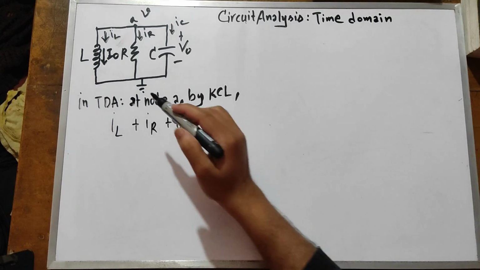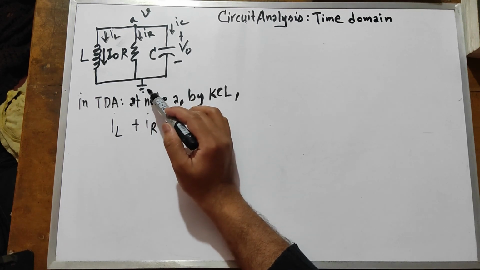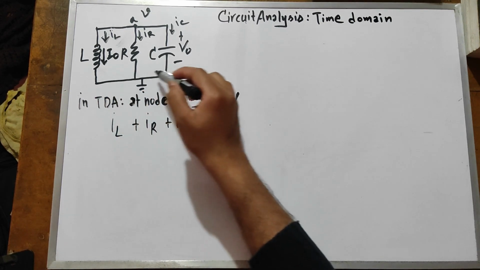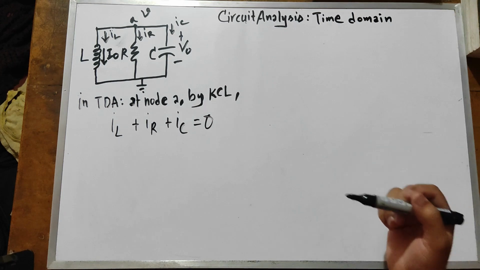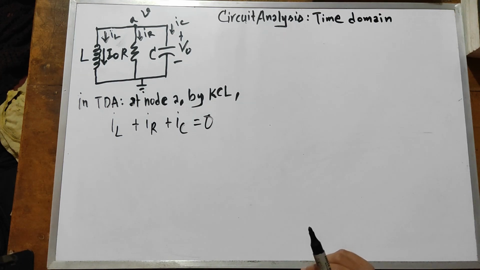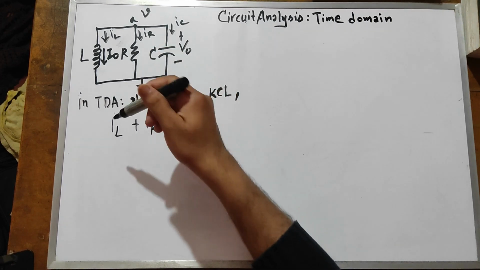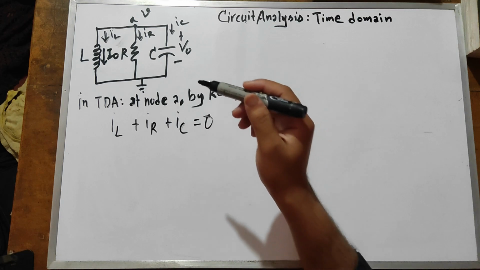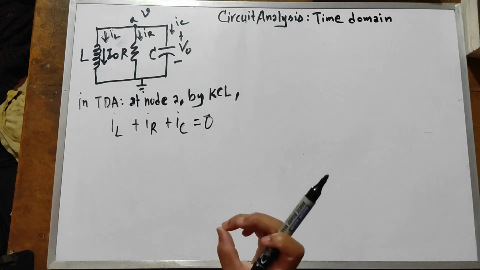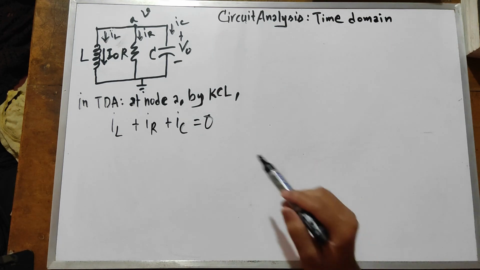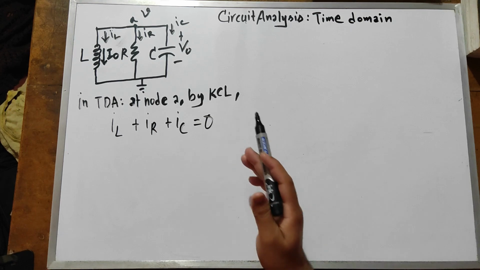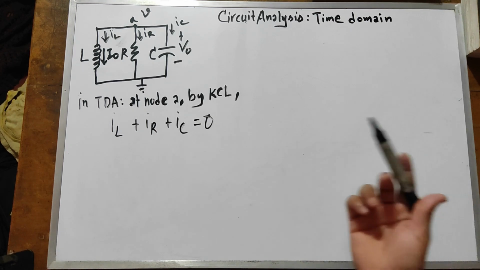I have assumed the reference node at this common point. So you can see how the equation goes. By KCL, IL, the current through the inductor, current through the resistor, and current through the capacitor, all combined is equal to 0. The right hand side is 0 because there is no input.